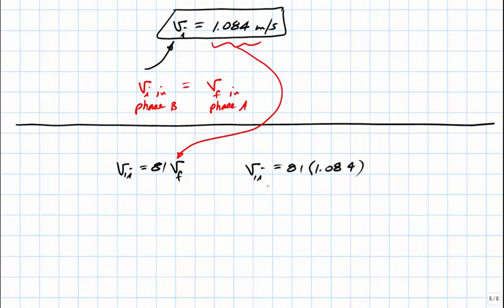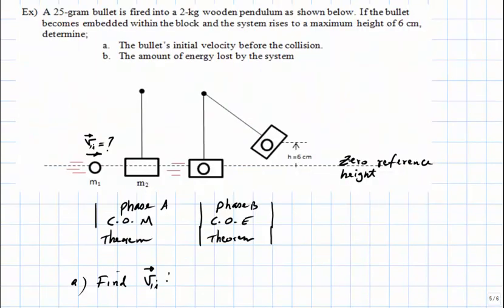And as a result, V1 initial equals 87.8 meters per second. So that is the initial velocity of the bullet just before it collides with the wooden block. In part B, we would like to determine the amount of energy lost by the system.